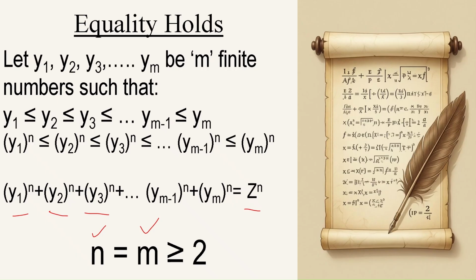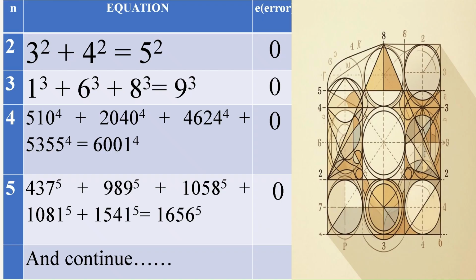On solving this pattern, we'll see one more interesting relationship. For n equal to 2, the square of the sum of two terms is equal to the square of 1. Similarly, for n equal to 3, we need 3 terms.